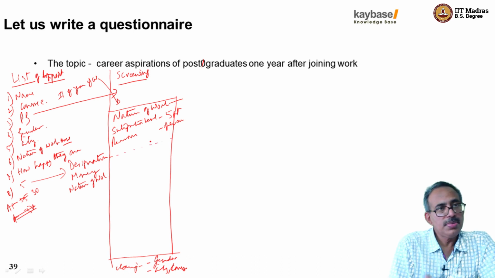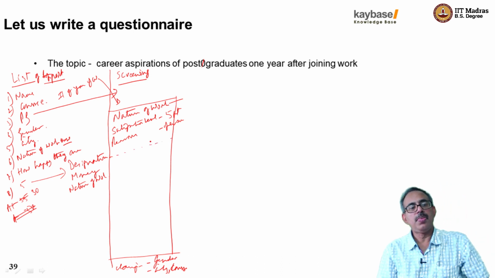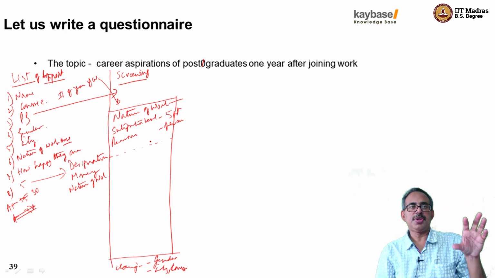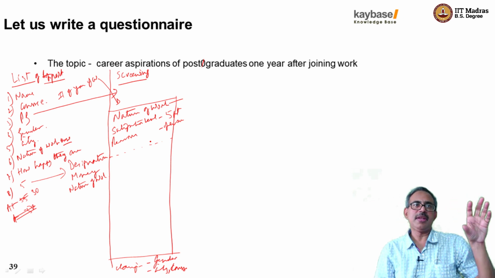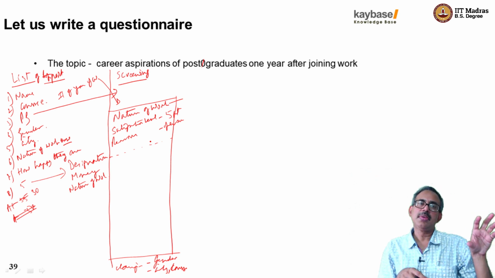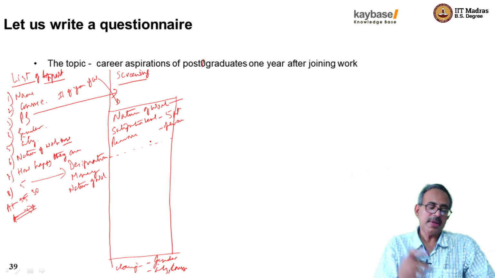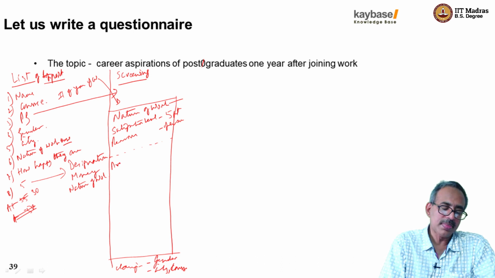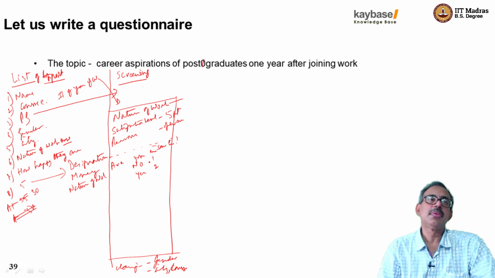Do we want to ask a question saying, when you finish post-graduation, you wanted to enter some line. Is that the line you want to know? Do you want to ask a question? So are you in the same line as what you wanted? Do you want to know why he changed?